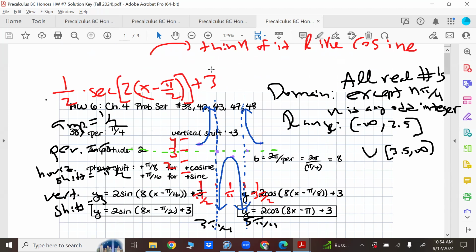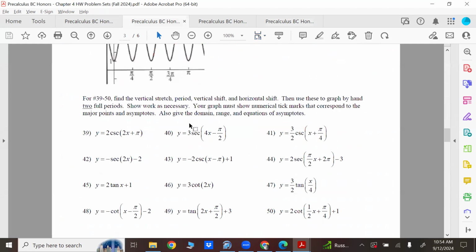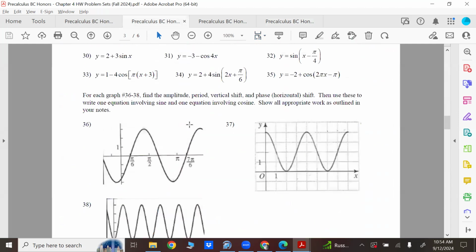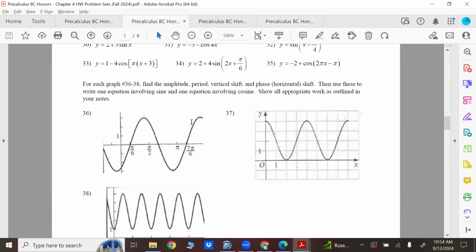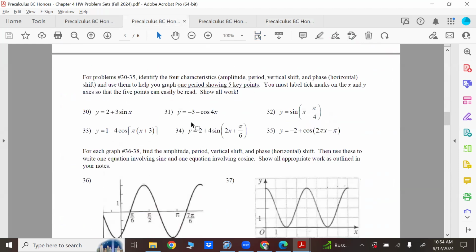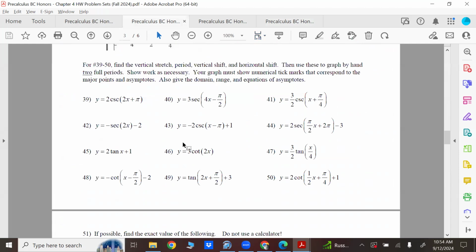So definitely I want you guys doing 38 and 40. So look in the homework. Actually, we're not going to do 38 because I didn't talk about how to write the equation from the graph. So I'm going to adjust the homework. We'll do 4 problems. I'll be a nice guy.